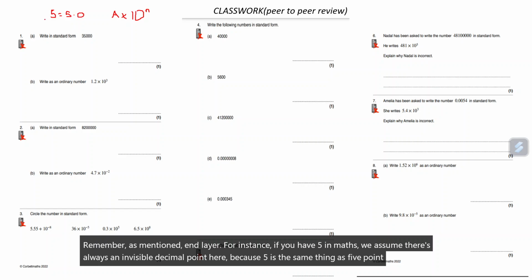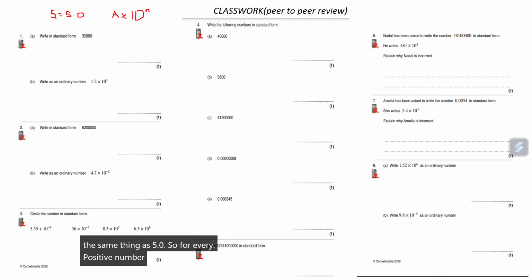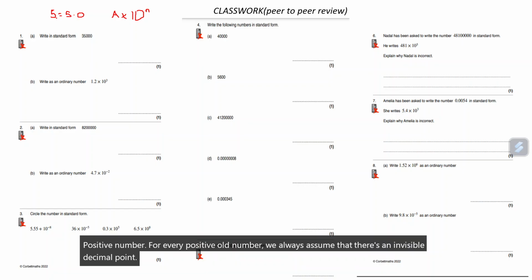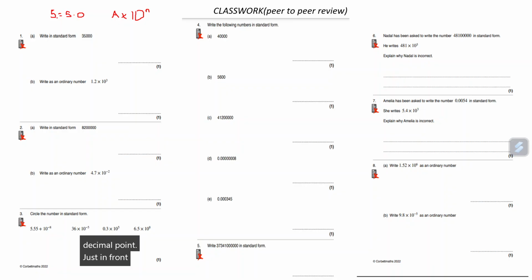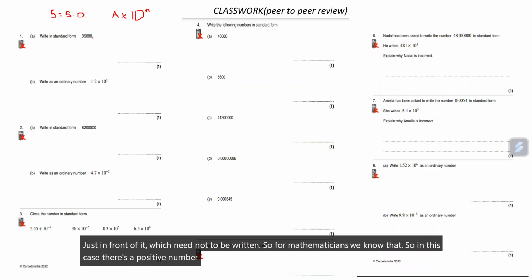You agree with me that 5 is the same thing as 5.0. So for every positive whole number, we always assume that there's an invisible decimal point just in front of it, which need not be written. For mathematicians, we know that.